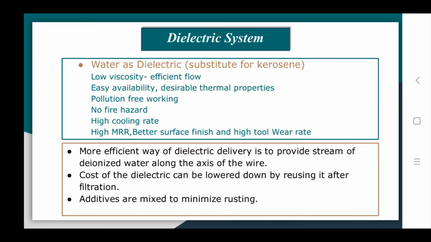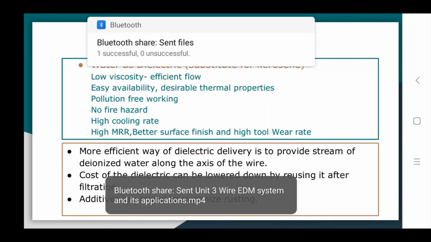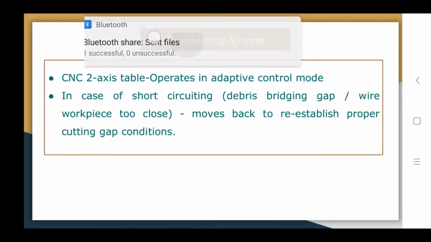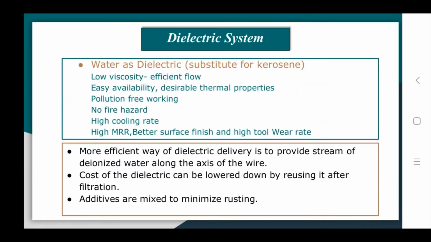this dielectric fluid should have a low viscosity, so that it easily passes through the inter-electrode gap. To maintain an efficient flow, this dielectric water has a very low viscosity compared to other dielectric fluids.